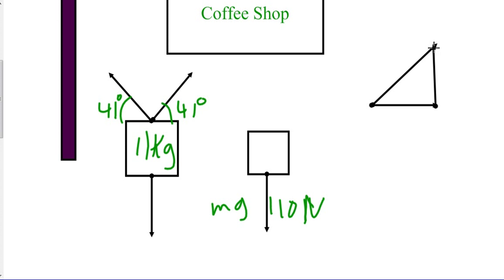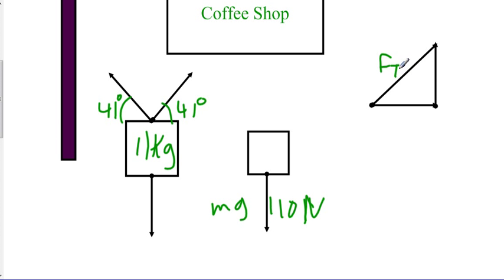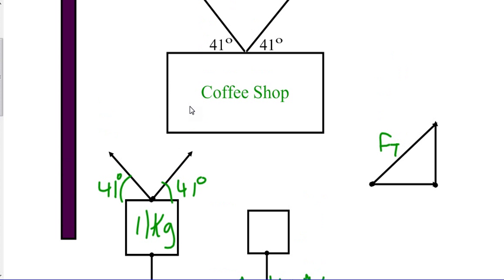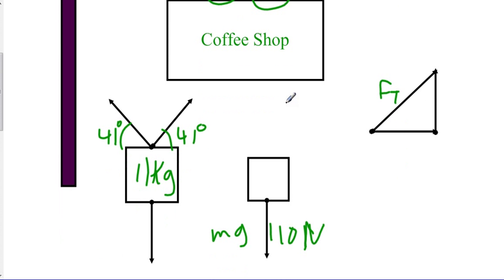And so what you see here is the triangle, and this is going to be our force of tension. The other thing that we can notice is because they both have the same angle and they're from the same spot, we can assume that they have the same tension in each one, and the x and y components will be equivalent, and you'll see what I mean by that in just a moment.